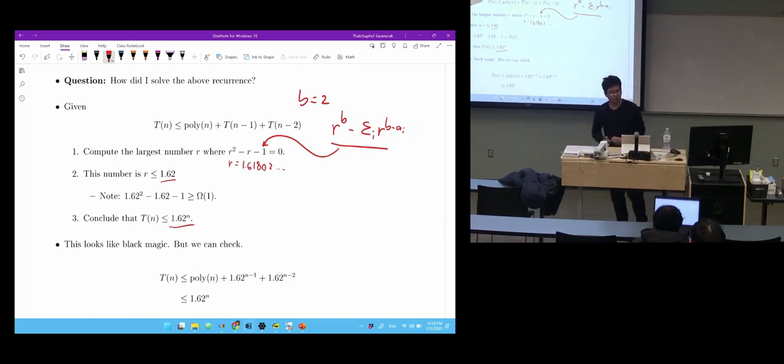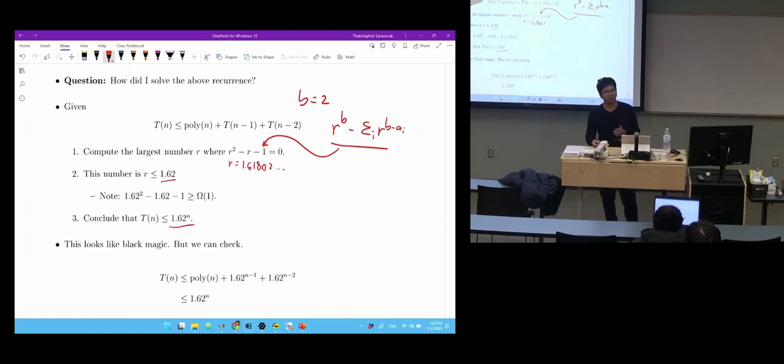And this looks like black magic, and how do you even know that this is correct? Well, actually, there is an ultimate way to check, right?